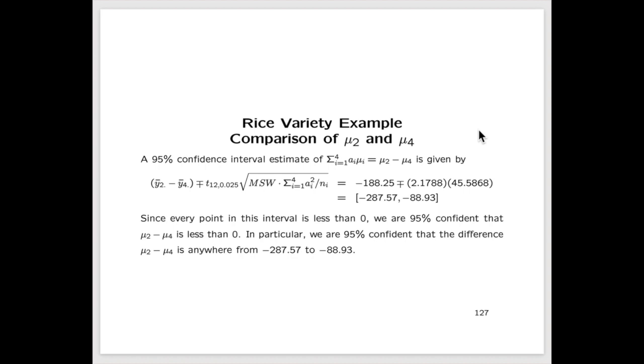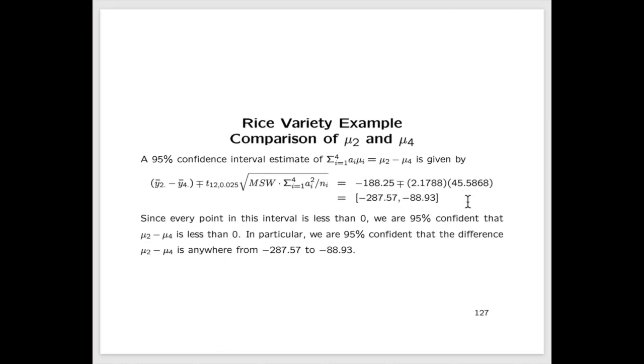A 95% confidence interval estimate for mu2 minus mu4 ranges from negative 287.57 up to negative 88.93. Since every point in this interval is less than 0, we are 95% confident that the difference between means 2 and 4, so mu2 minus mu4, is less than 0.